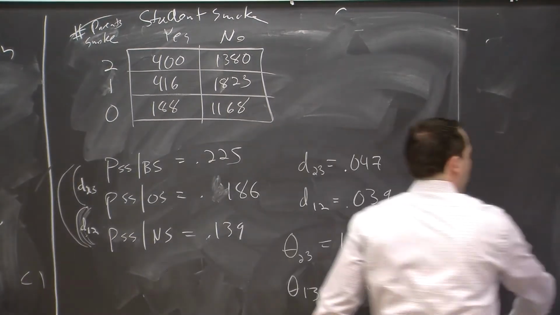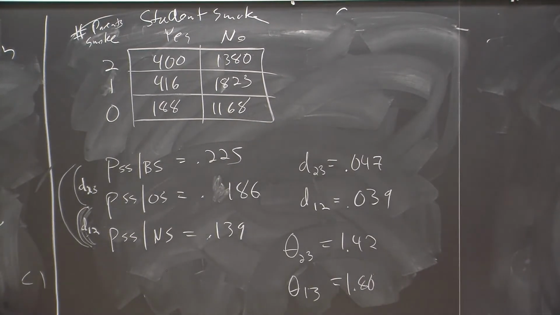So the next question I want to answer about these sorts of tables has to do with the result of collapsing them.